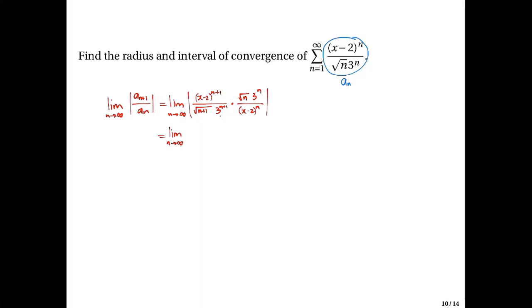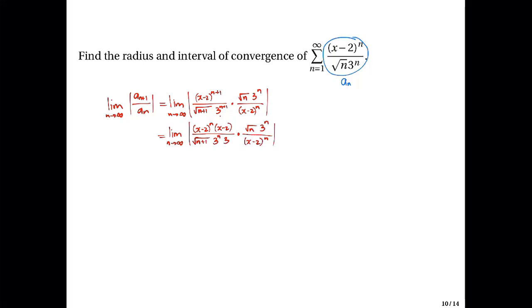So we will get x minus 2 to the n times x minus 2 divided by square root of n plus 1, 3 to the n times 3. And then here we just copy so that we will have square root of n, 3 to the n over x minus 2 raised to n.